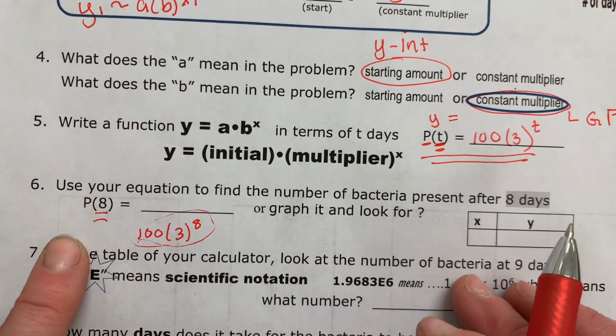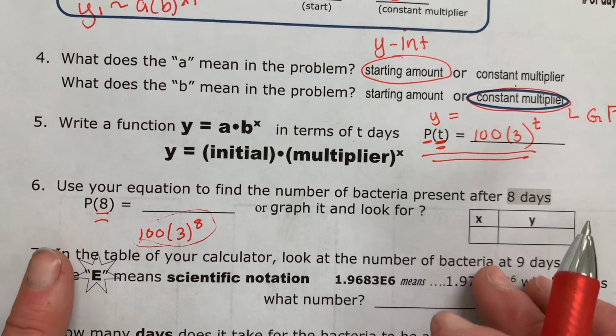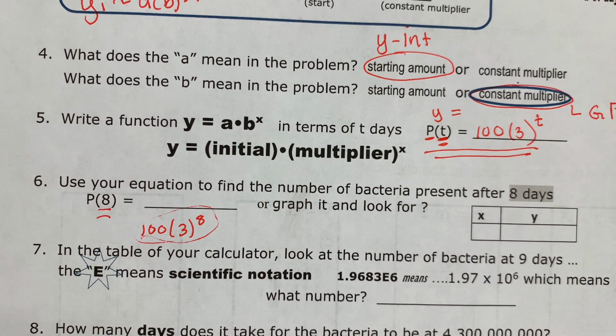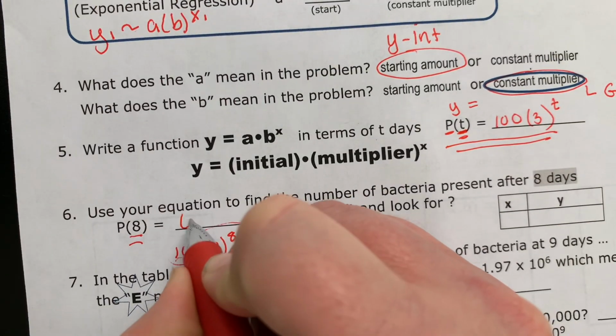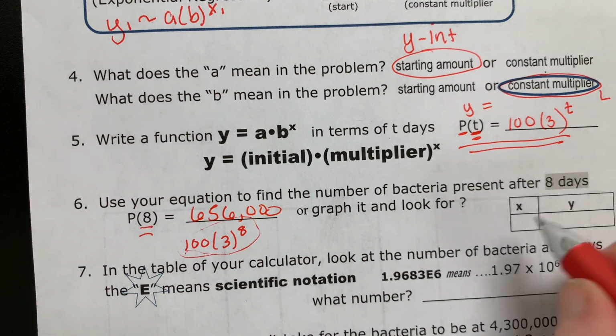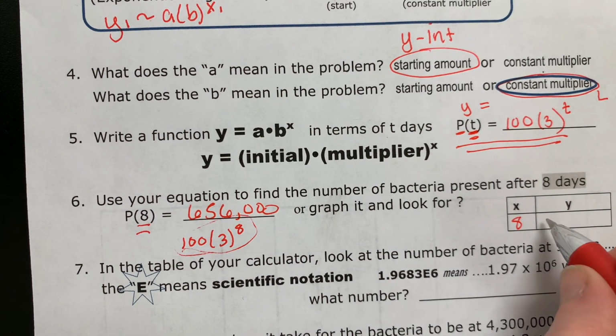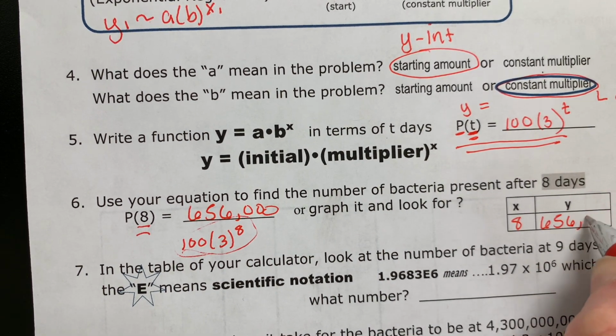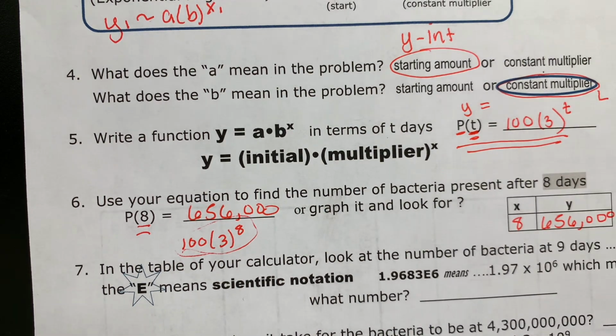All right, whenever I put that in, I get 656,000. So on my table, it would look like this: 656,100.